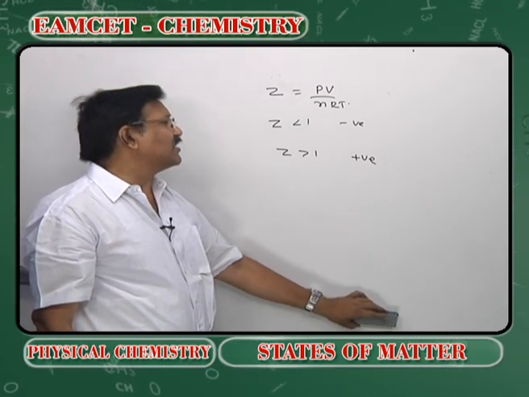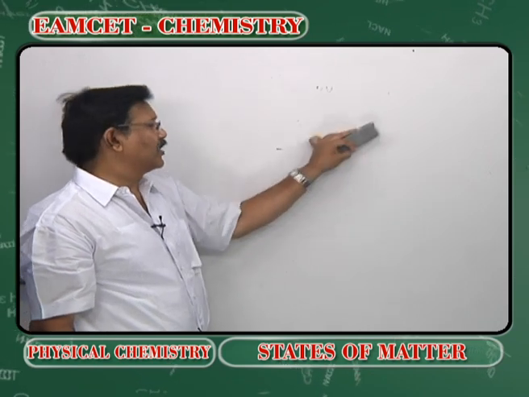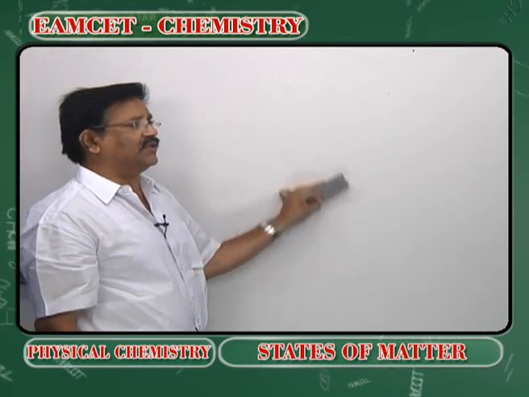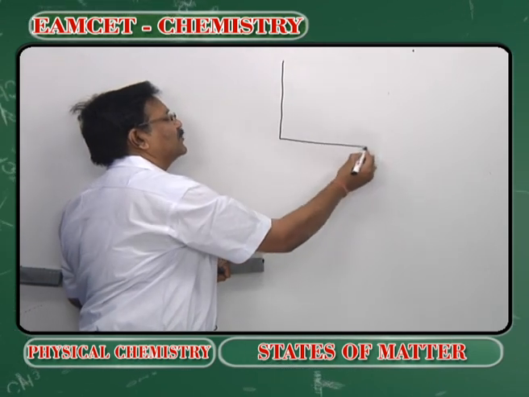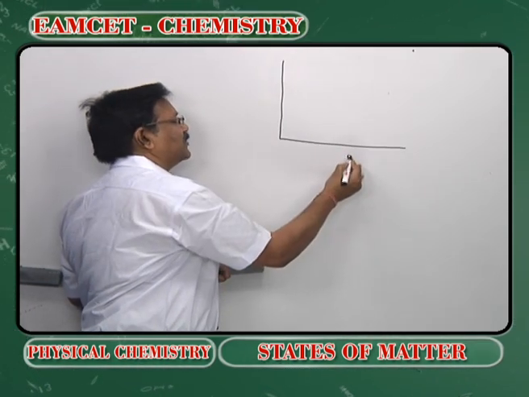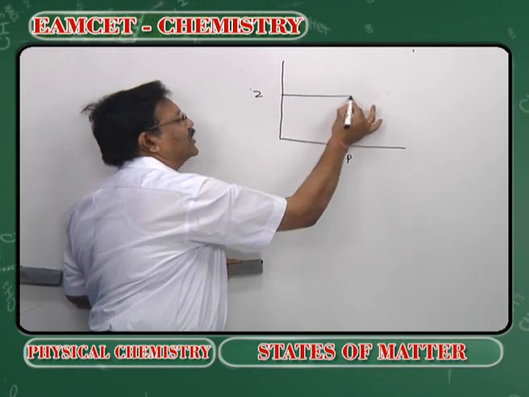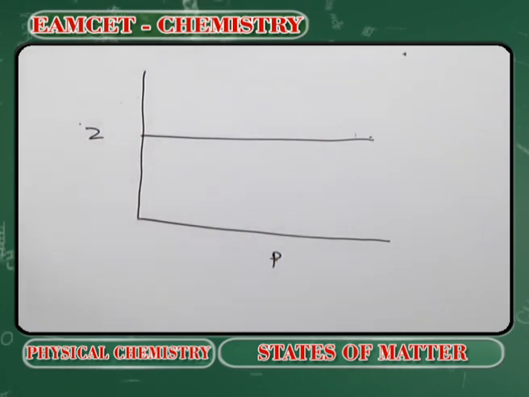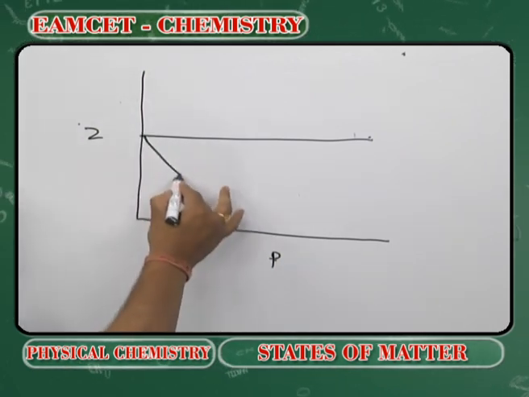And what is the other important theoretical discussion that is to be carried out? The variation of the compressibility factor with pressure. At ideal conditions, Z value will be equal to 1. At moderate pressures, what will be the tendency?